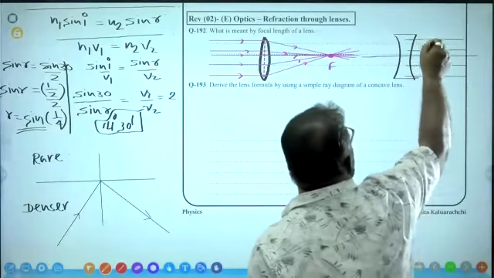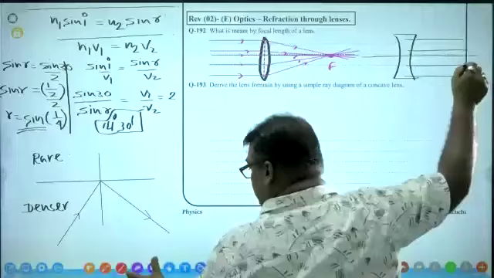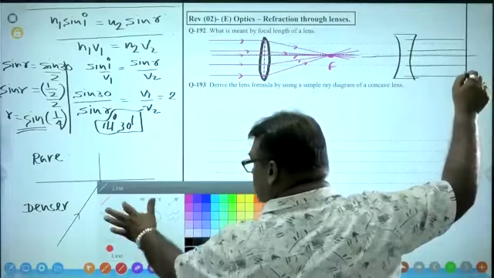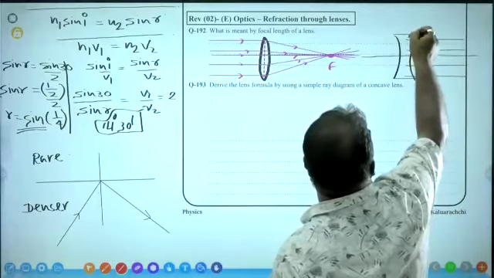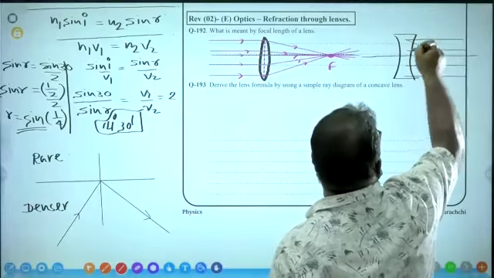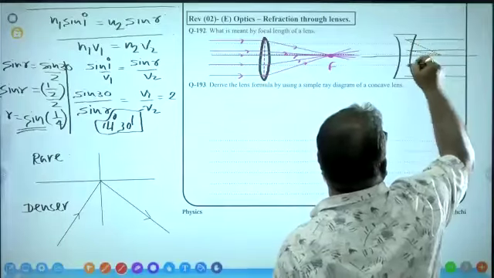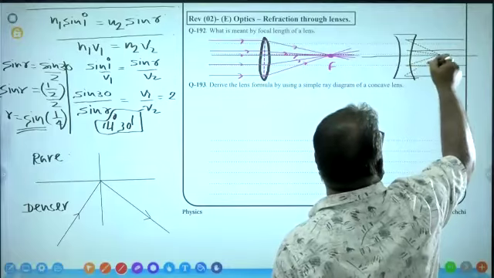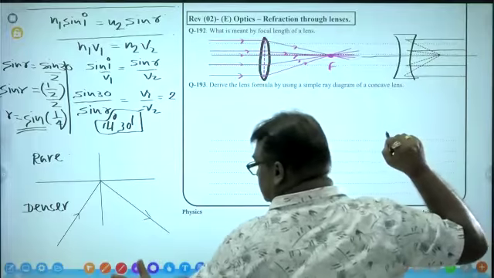They diverge from a point on the principal axis right here.